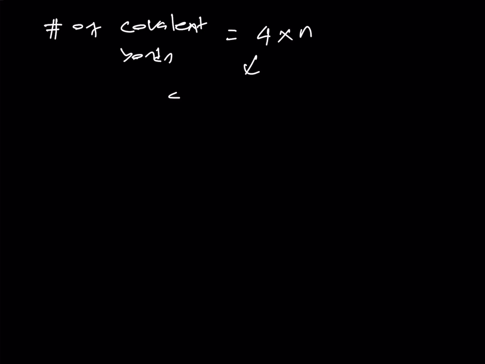So let us put the formula like this: number of covalent bonds equal to 4 times n. Why 4? Because the valency of carbon is 4. Valency of carbon times n minus n minus 1.